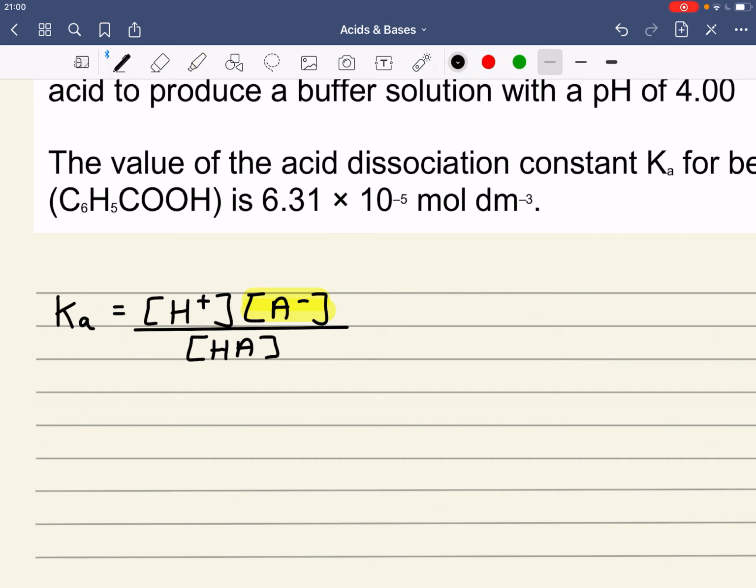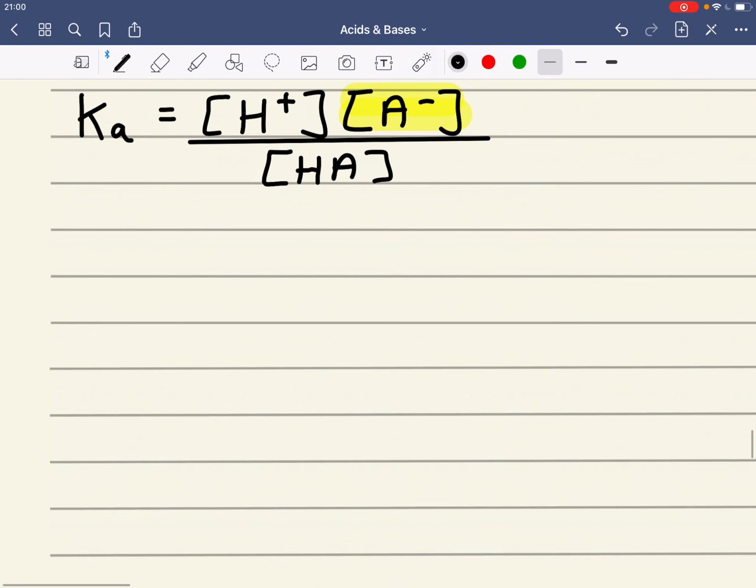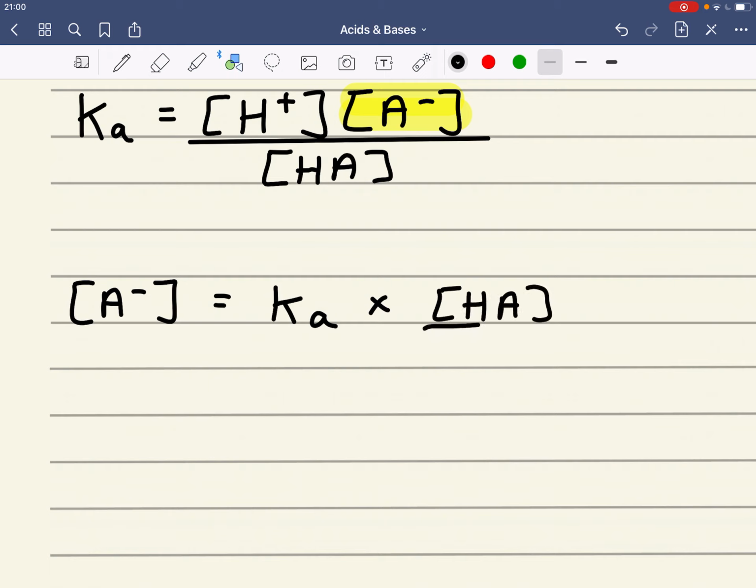So I need to rearrange that equation in order to produce A minus. So if I rearrange this equation, then A minus is equal to Ka times HA over H plus.